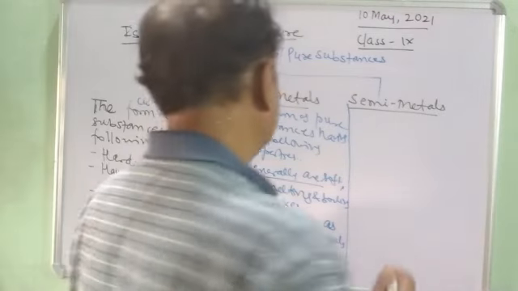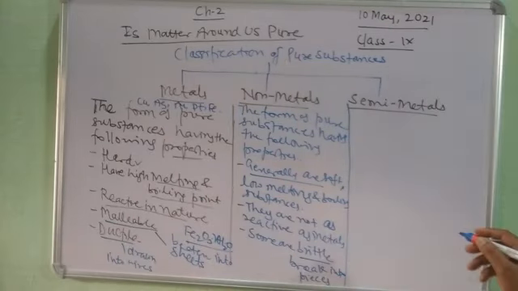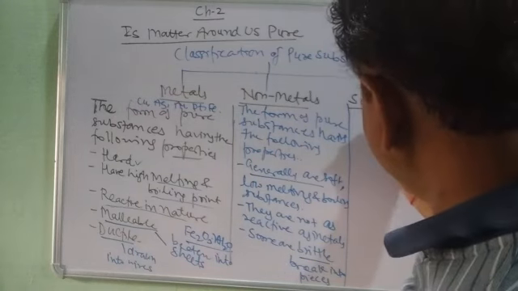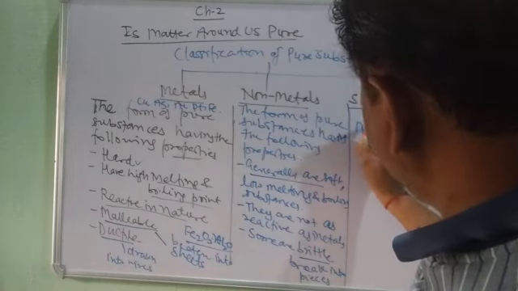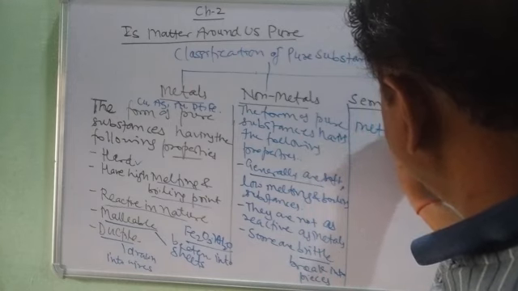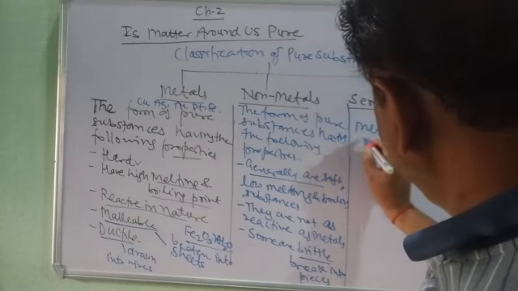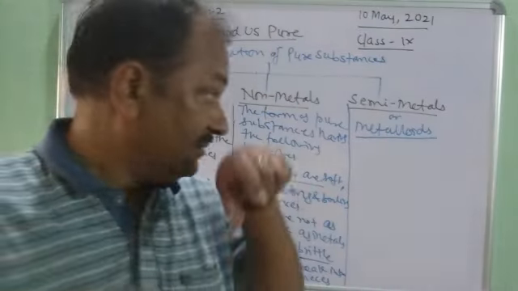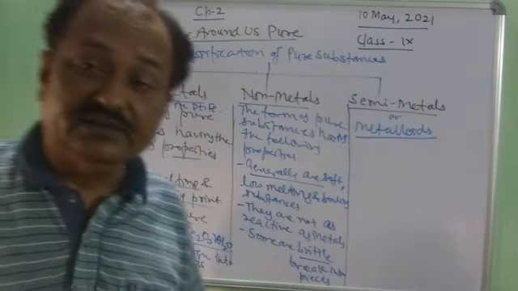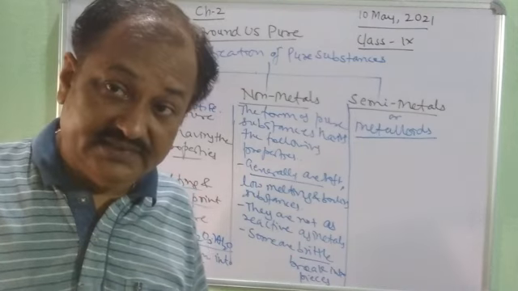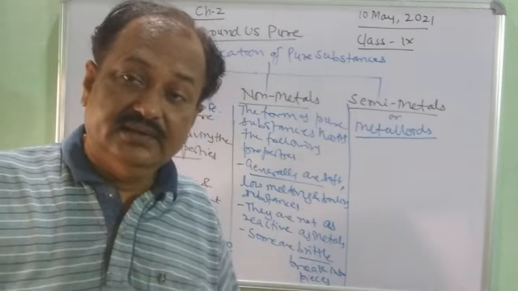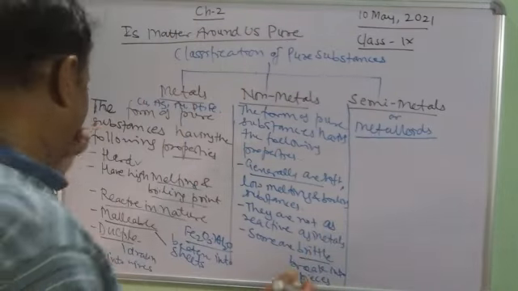Now, children, the third pure substance is the semimetals. Semimetals are also called metalloids. So, as the name indicates, they are half metals, and they have properties between metals and non-metals.